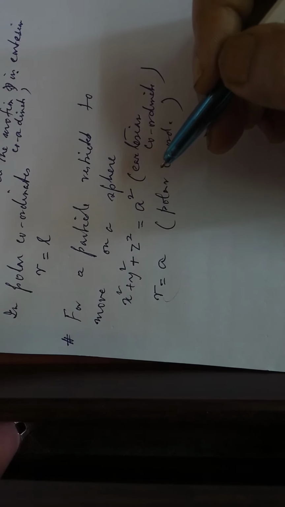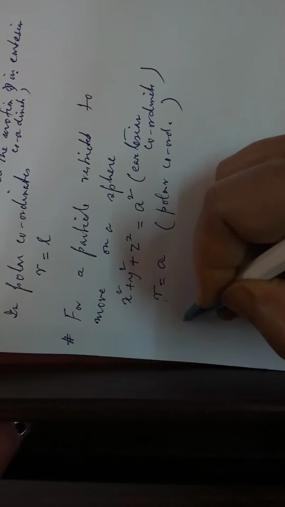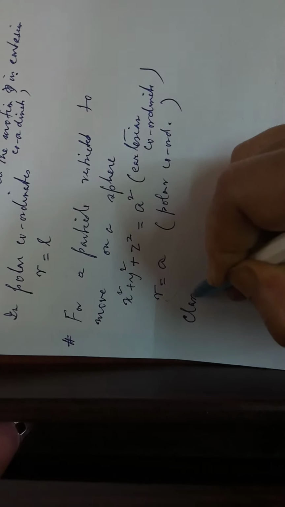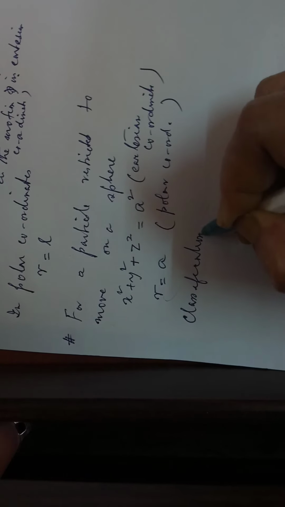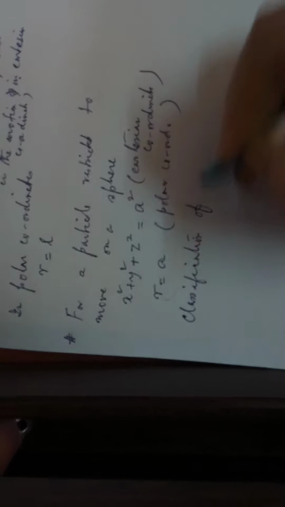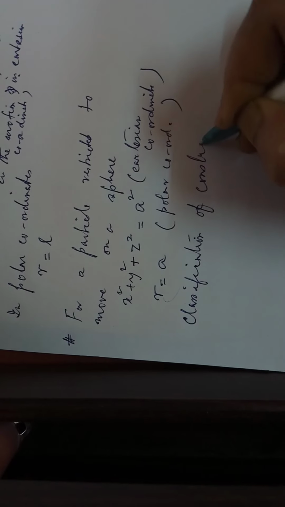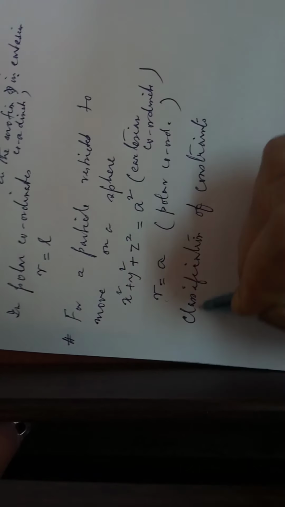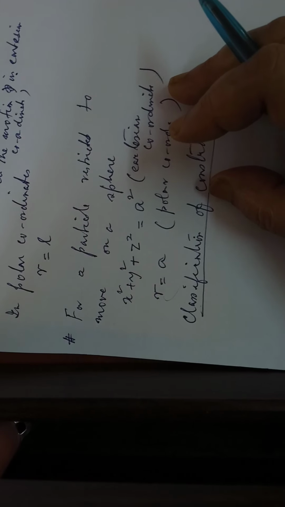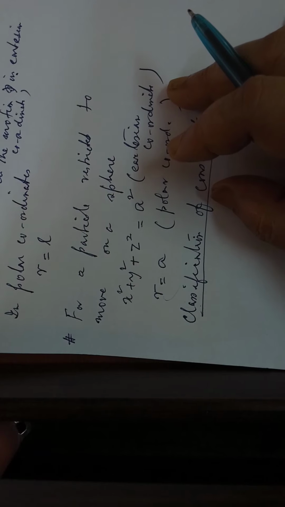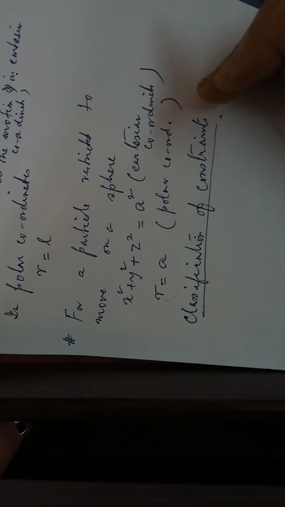So what is the classification of constraints? We find that we can classify constraints as scleronomous, rheonomous, holonomous and non-holonomous. Basically, we make 4 broad classifications.